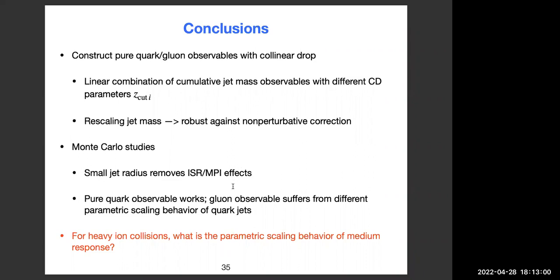Okay, so I had one intuitive question without the non-perturbative effects.